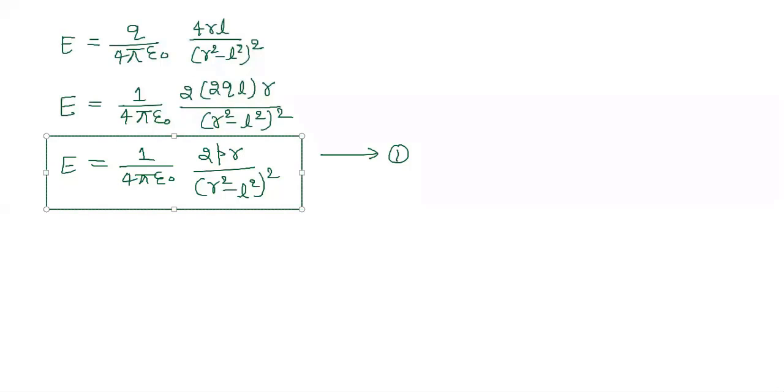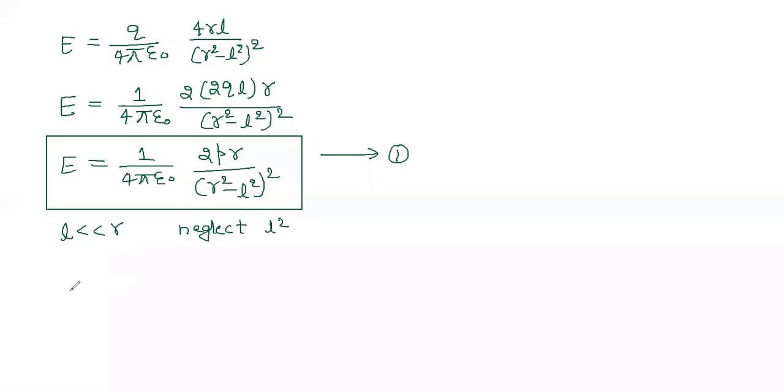But we know that this distance L is very small compared to R, because I have told you in the definition of the dipole, dipoles are separated by a very small distance. That's why L can be neglected. In fact, L square is there, so it will also be very small, so this can be neglected. Neglect L square.